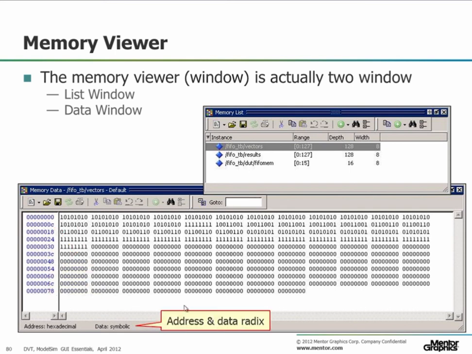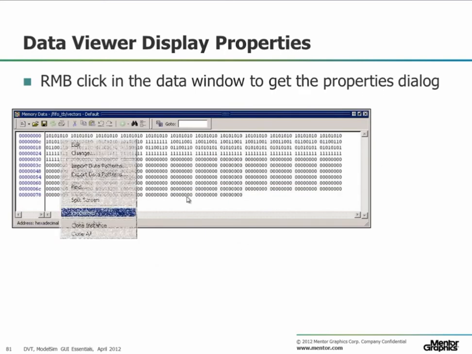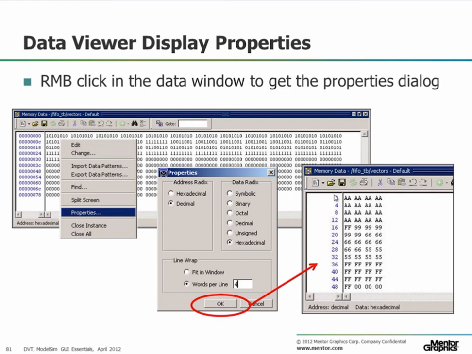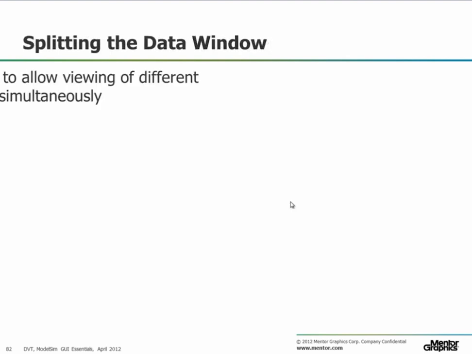I can right-click and change the properties on that. If I change the properties and say, let's show the address as decimal, let's show the data as hexadecimal, and let's show 4 words per line, I say OK, and what comes out now is the decimal address, 4 per line, and data shown in hexadecimal. So it's a good way to view two-dimensional arrays.